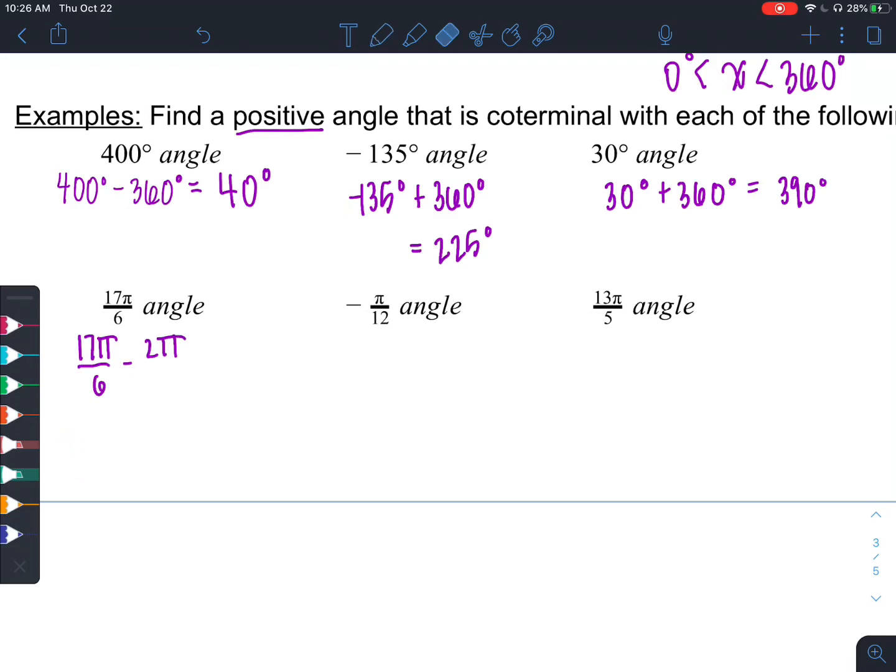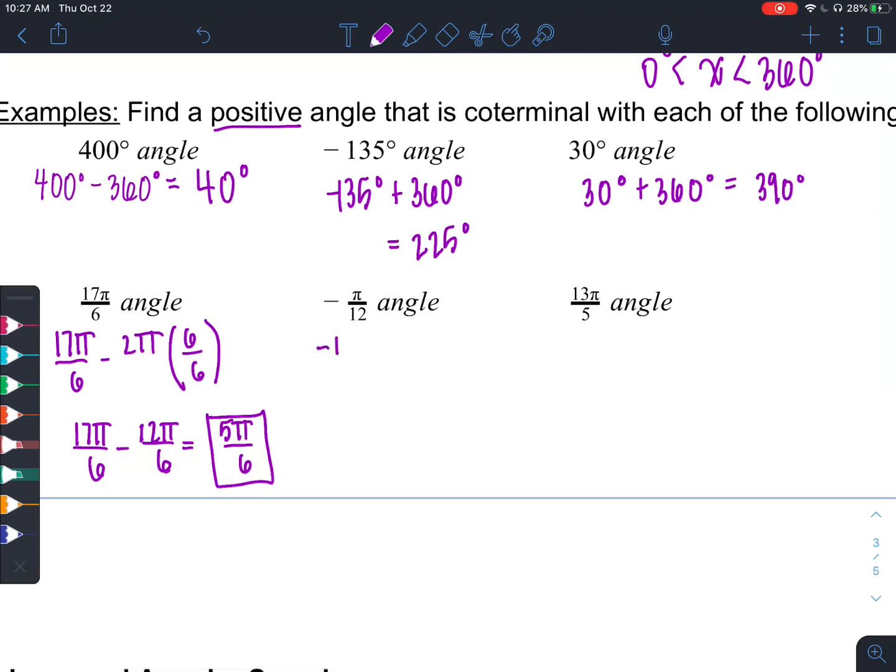Or you can multiply by 6 over 6, so we have 17 pi over 6 minus 12 pi over 6. And so we get 5 pi over 6 as that angle. And that is in radians.